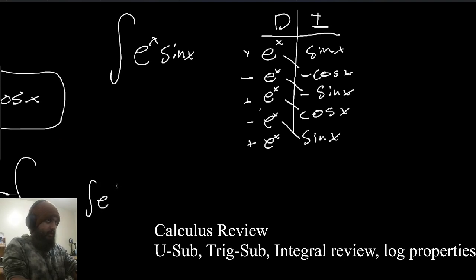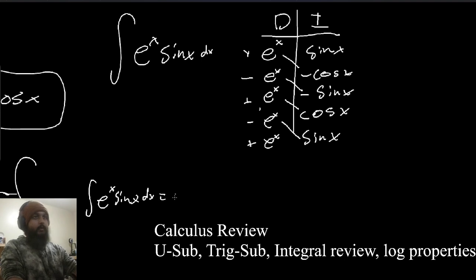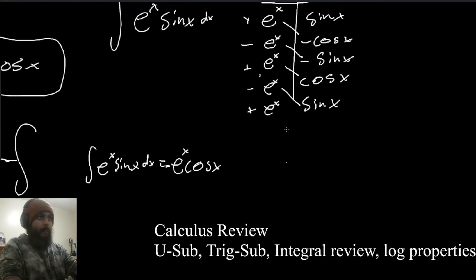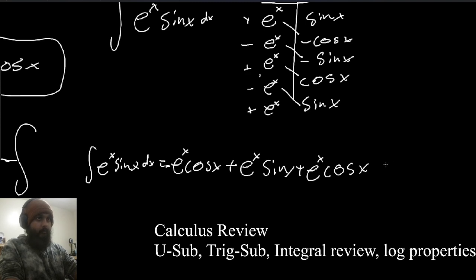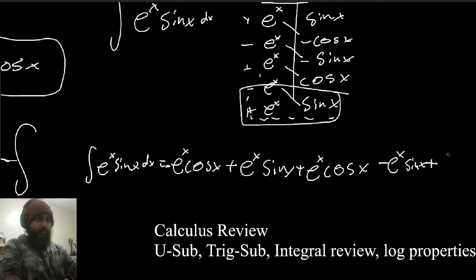The integral of e to the x sine of x dx is equal to negative e to the x cosine of x, plus e to the x sine of x, plus e to the x cosine of x, minus e to the x sine of x, and then finally we look at the row down here, and that's plus this integral of e to the x sine of x.